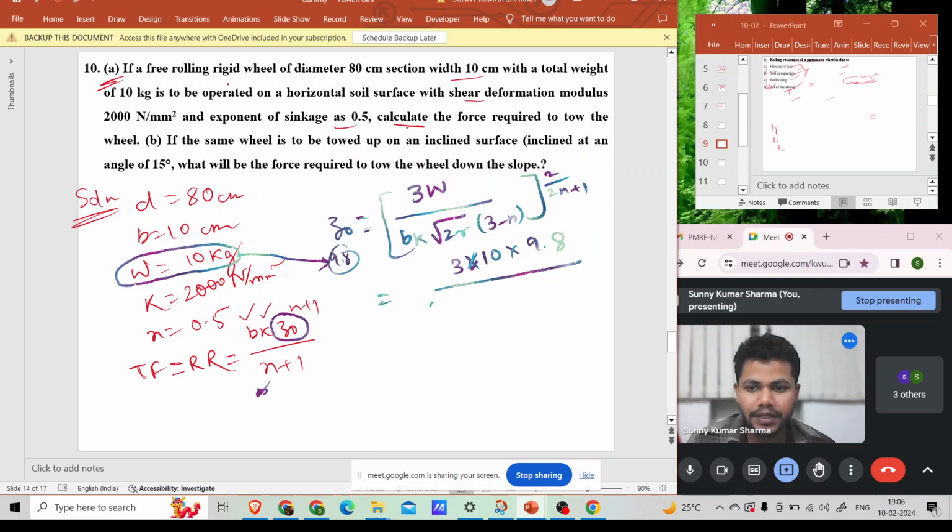We write it down. b is 0.1, k is 2000, into root under twice the diameter of the wheel, that is 0.8, into 3 minus n is 2.5, to the power 2 by 2n plus 1. This is 1 plus 1 is 2. This expression, you calculate what you are getting.